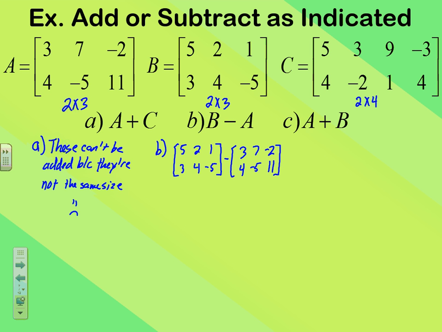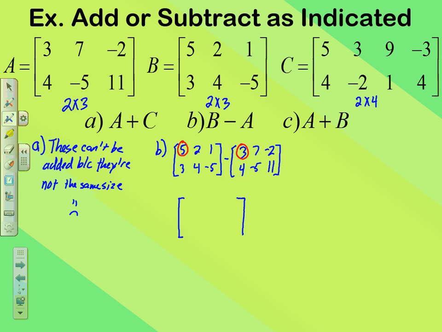But to try and save a little bit of space, this 5 is in row 1, column 1, and this 3 is also in row 1, column 1. Those are the two elements that correspond together from one matrix to the other, and so those are what we are going to subtract from each other. So my solution matrix should be the same size as what I started with. It should be a 2 by 3 matrix, because since the matrices have to be the same size when I add or subtract them, the answer has to be the same size as well.